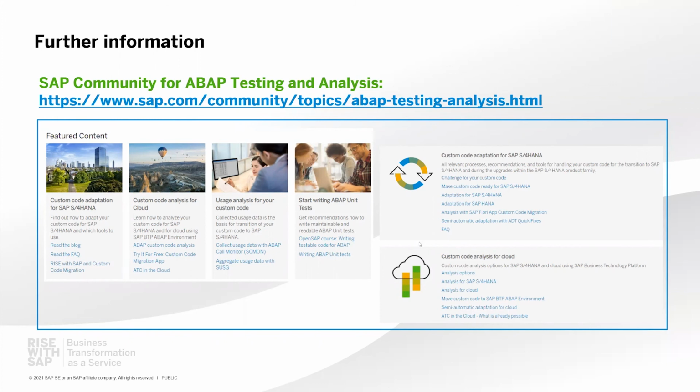Is it only to be used using remote ATC analysis? The app is built on top of remote ATC analysis, yes. And the SUCG or SMON don't put a load in production. They cost you at maximum 3%, I think, of performance. Okay.